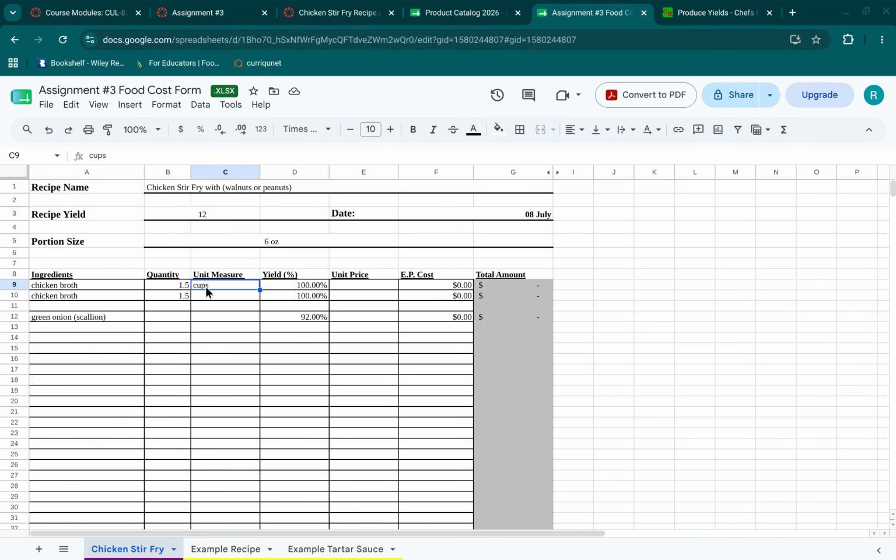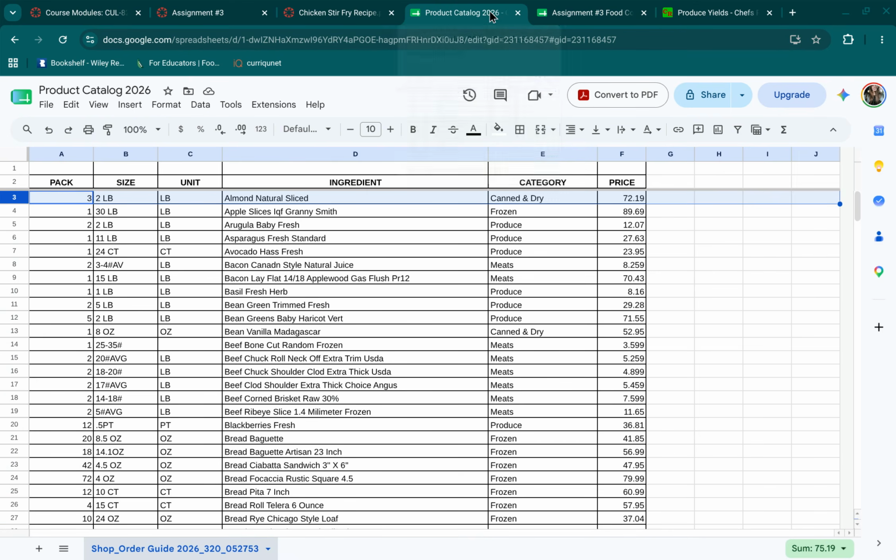So the amount we're using is very, very small. We want to make sure that we are attaching the correct price per cup to our chicken broth, because we're using it by the cup. So that's how we have to cost it out. Whatever unit of measure you're using in column C is the unit of measure you are pricing your item out to. So we are going to look at our produce catalog real fast.